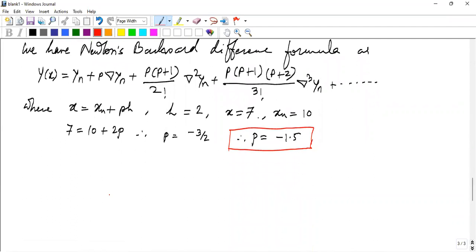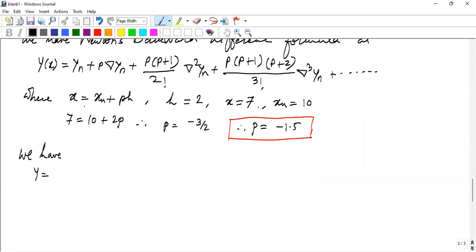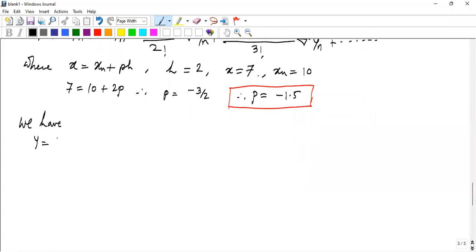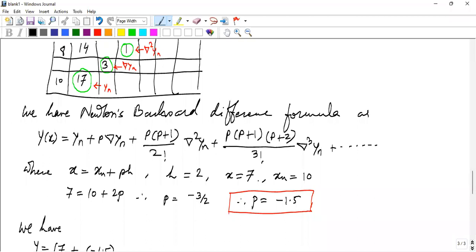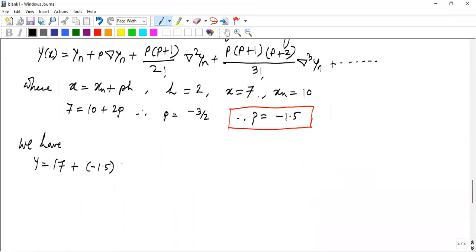So let us calculate the value at x is equal to 7. So we have y is equal to, this is going to be yn. So what is yn? It's going to be 17. So this is 17 plus minus 1.5, and here we have del yn. So del yn is 3.